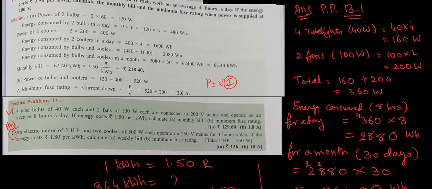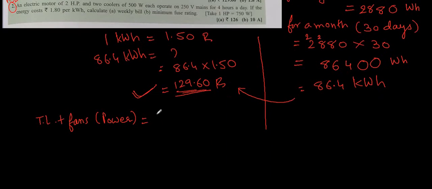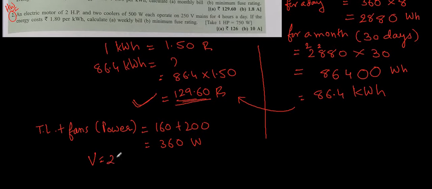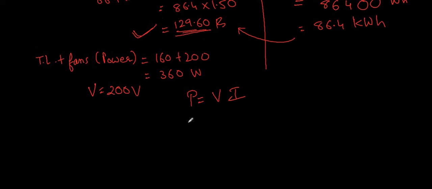So 160 plus 200, that is 360 watt. And what is V given? V is given as 200 volts. So now we know P is equal to VI. So now P is how much?